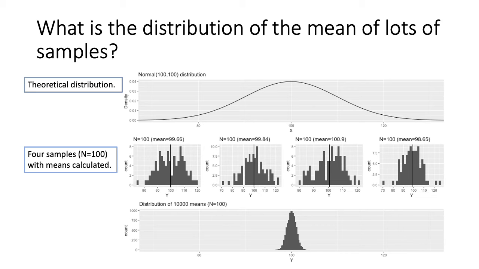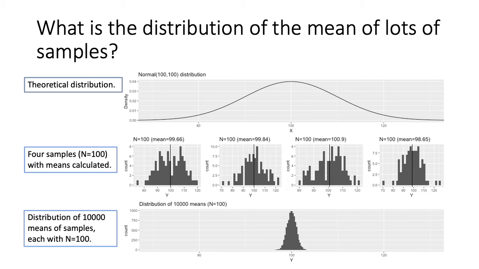We've got a mean of 99.66, a mean of 99.84, and so on. Then at the bottom we repeat that process 10,000 times. So 10,000 times I've drawn a sample of size 100 from that normal distribution and calculated the mean.